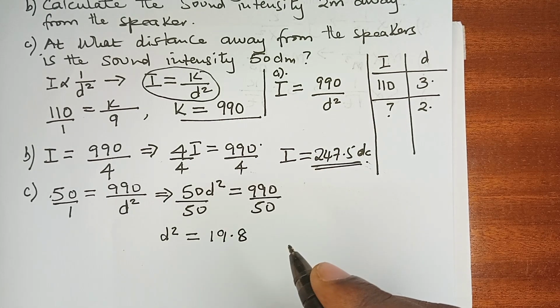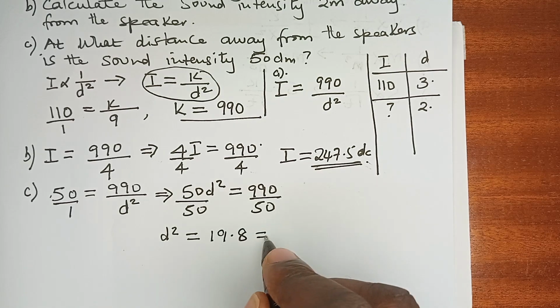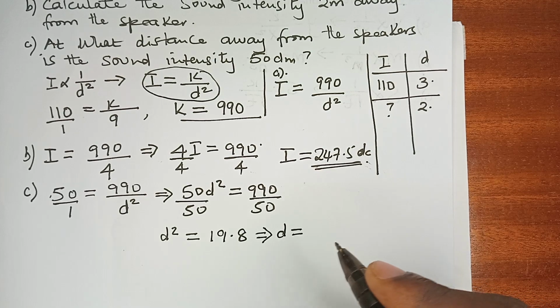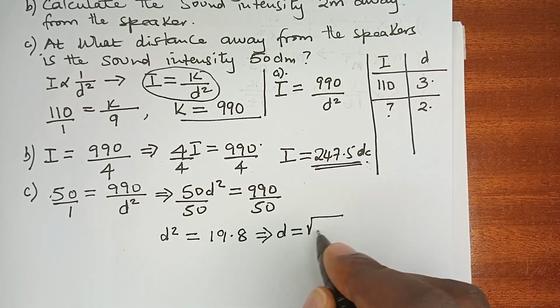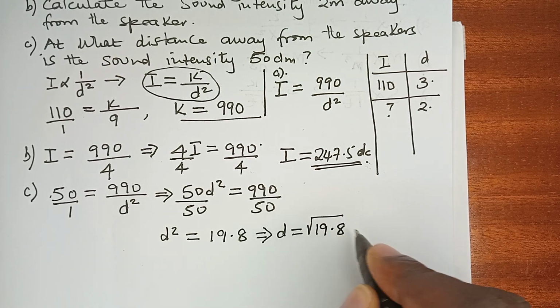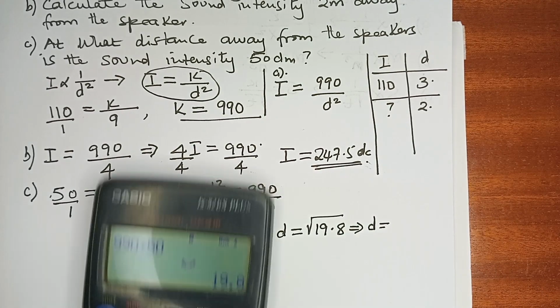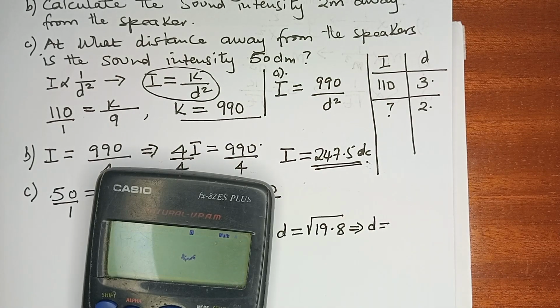But we are not interested in d squared. We are simply interested in d. And to get d, we take the square root of both sides. So d is equal to the square root of 19.8, and this gives us 4.45 meters.